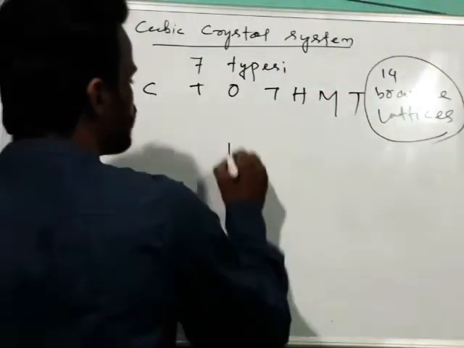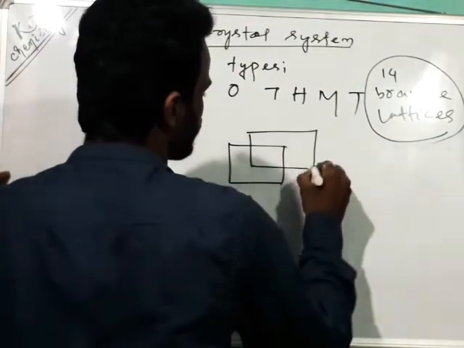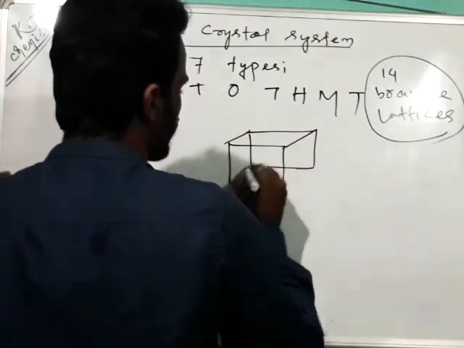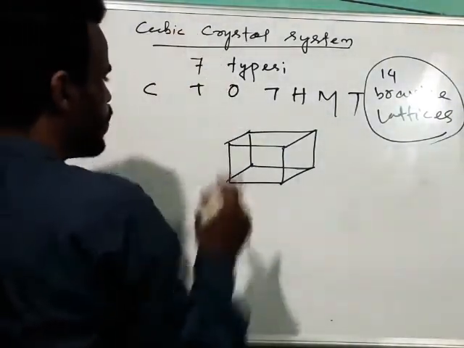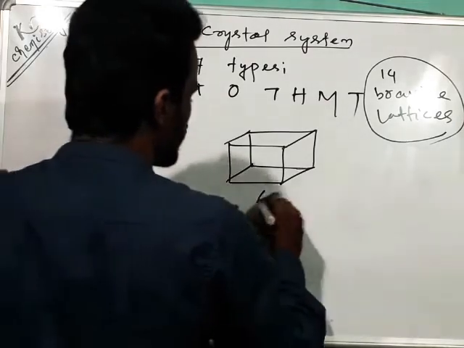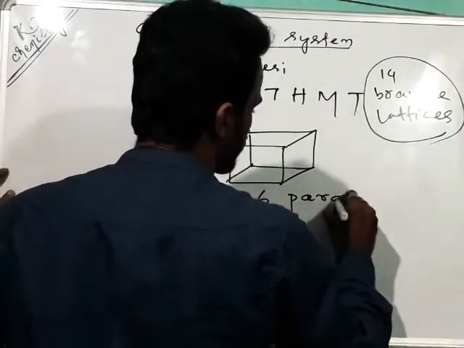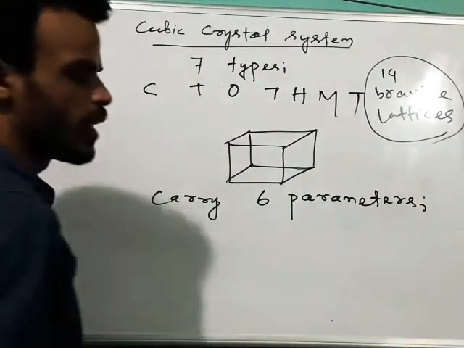Let's take a simple cubic crystal. These crystal systems carry 6 parameters. What are they?